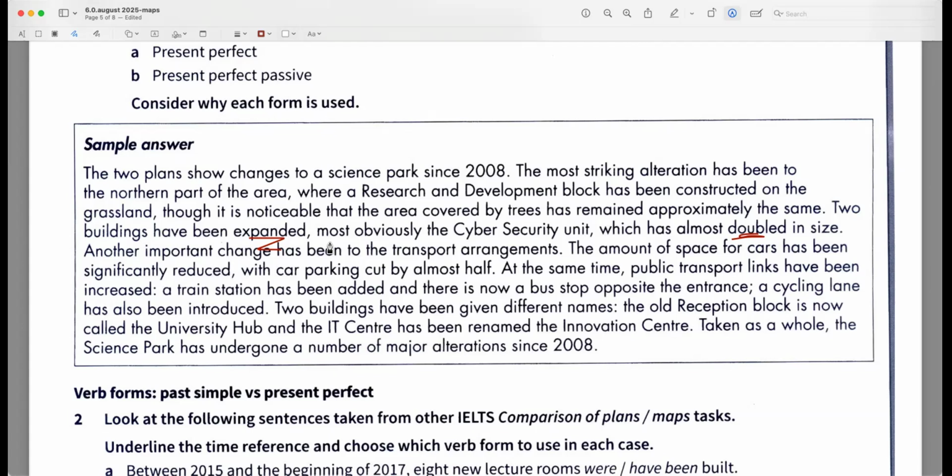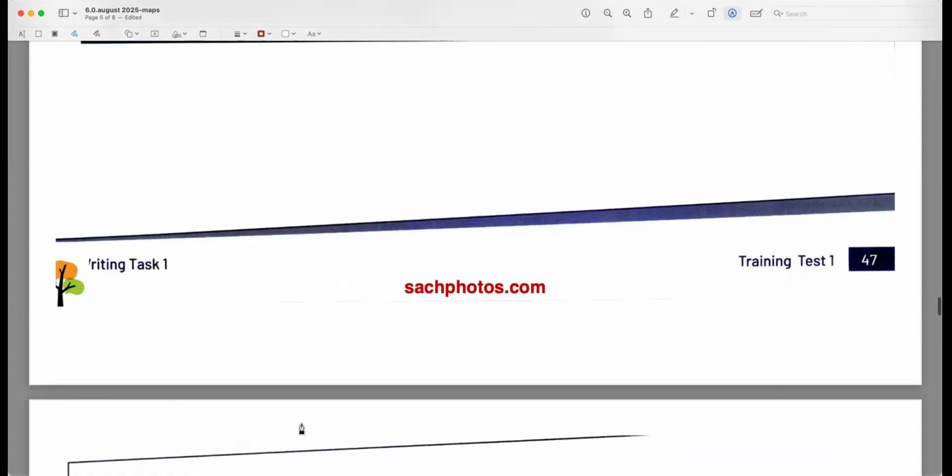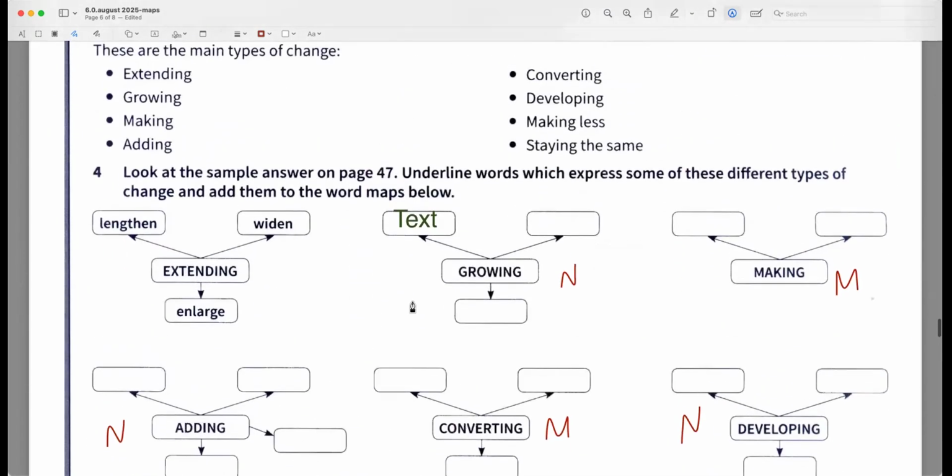Yeah, when they mention public transport links, what happened to public transport links? Yeah, increase.